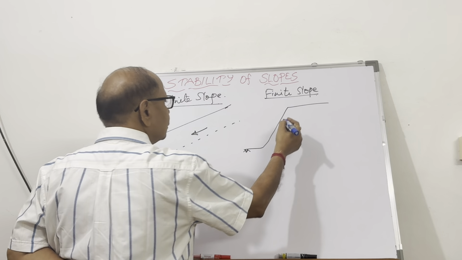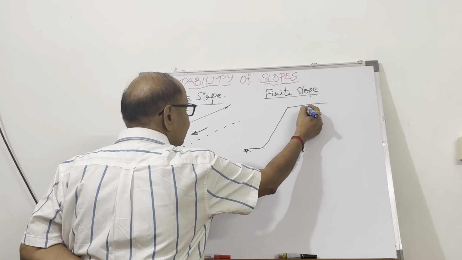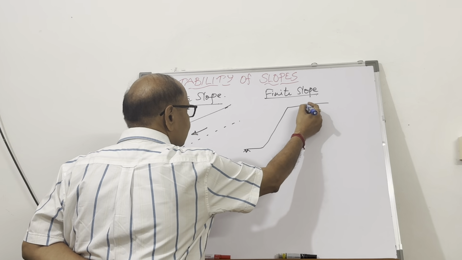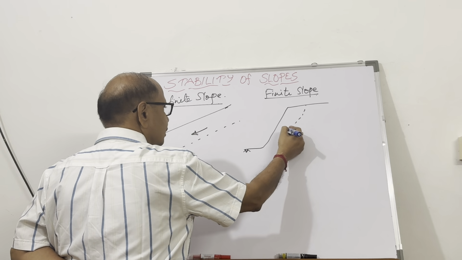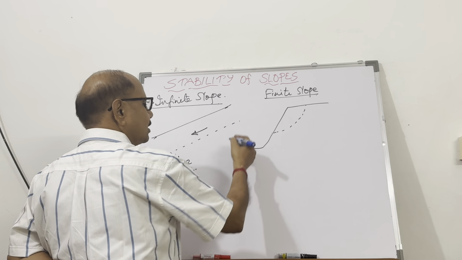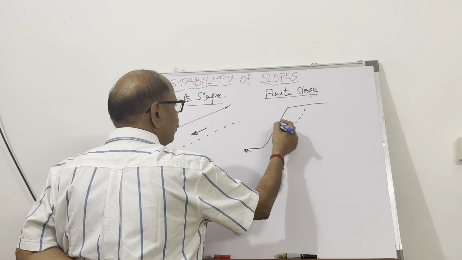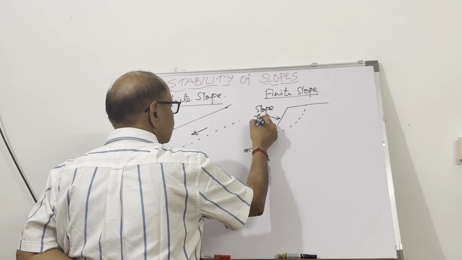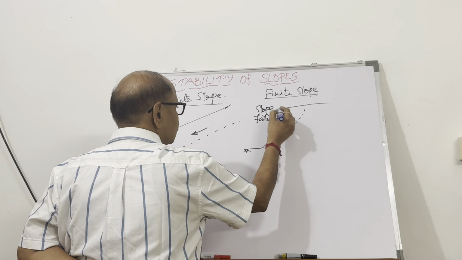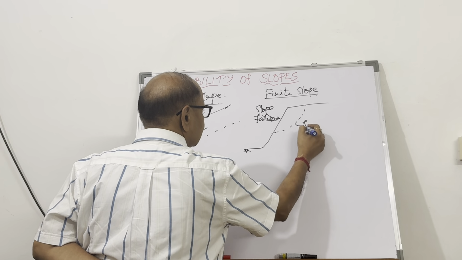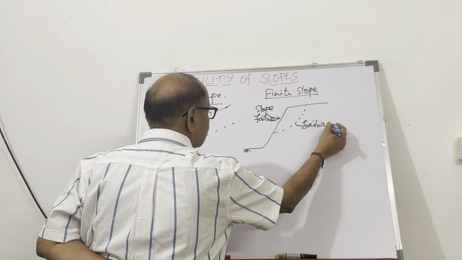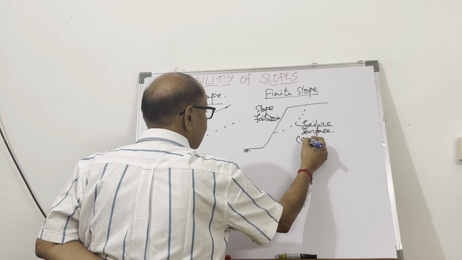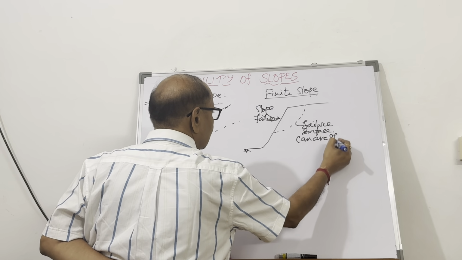Here the failure could be of the slope itself, and the failure pattern here is going to be an arc of a circle. So the failure pattern is going to be like this. This kind of failure is called slope failure. This is the failure surface, which is an arc of a circle.